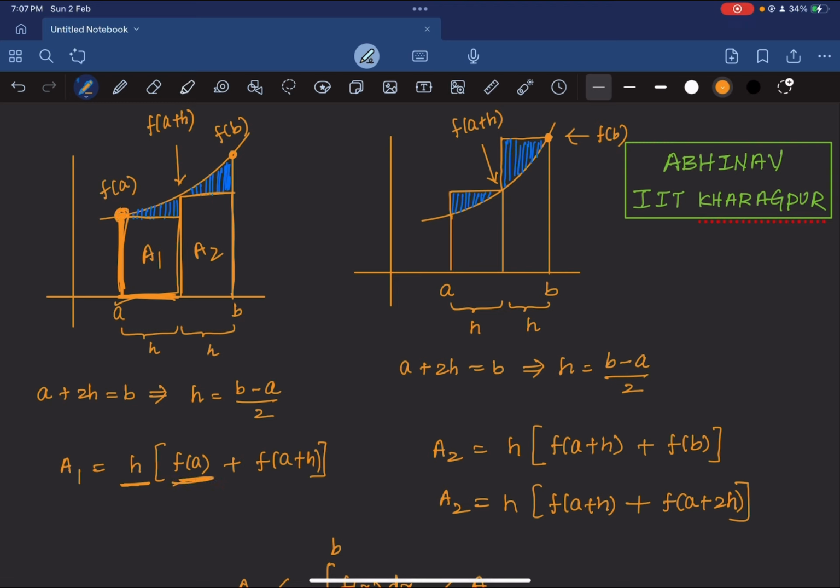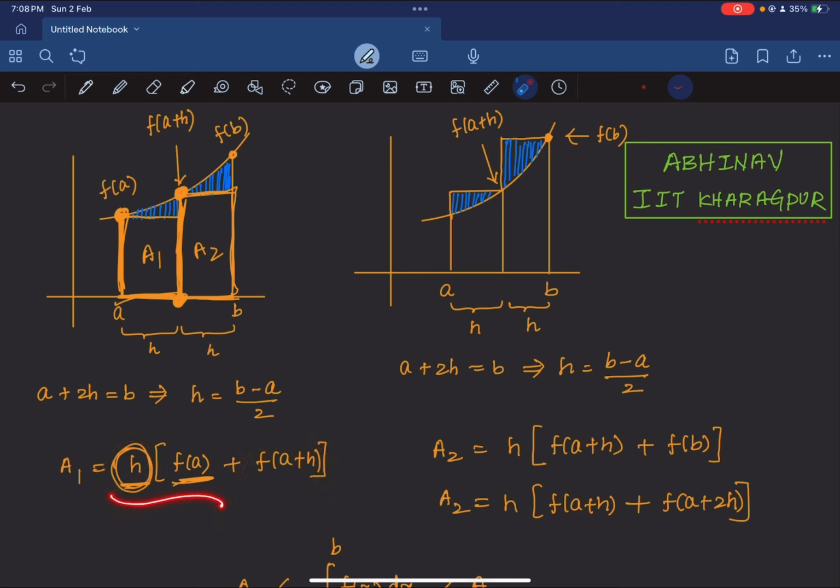And the area of this particular rectangle a2 will be the base, which is h, multiplied by the height. This height is f of a plus h, since this point is a plus h. All right.